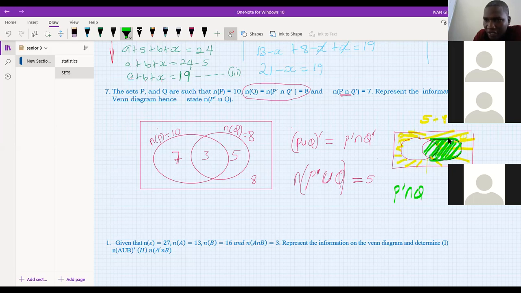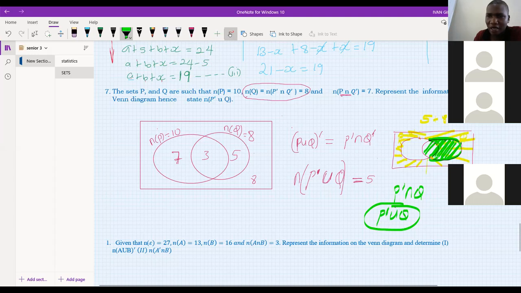This region will be the region P complement intersection Q. Now, if it is union, we said you state all the elements in the two sets, avoiding repetition. So any region that is shaded will represent P union Q. Do you get it? Hello? Yes, sir.